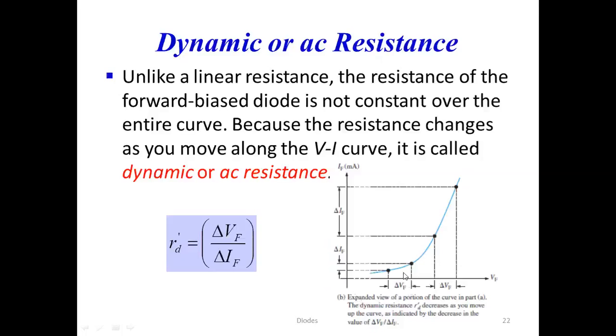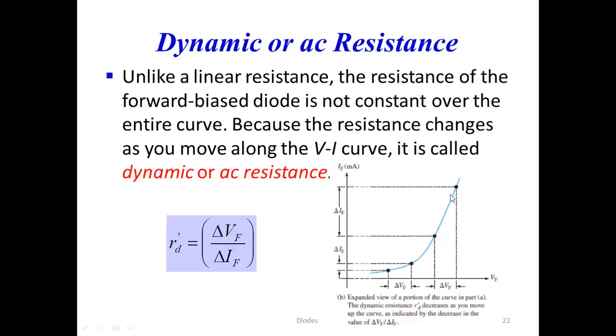If I take delta VF over a particular duration, and the corresponding delta IF, and take the ratio of voltage upon current, you will get resistance. Why is it called dynamic resistance or AC resistance? Because this resistance does not remain constant throughout the characteristics. It is changing, and that is why it is known as dynamic or AC resistance.